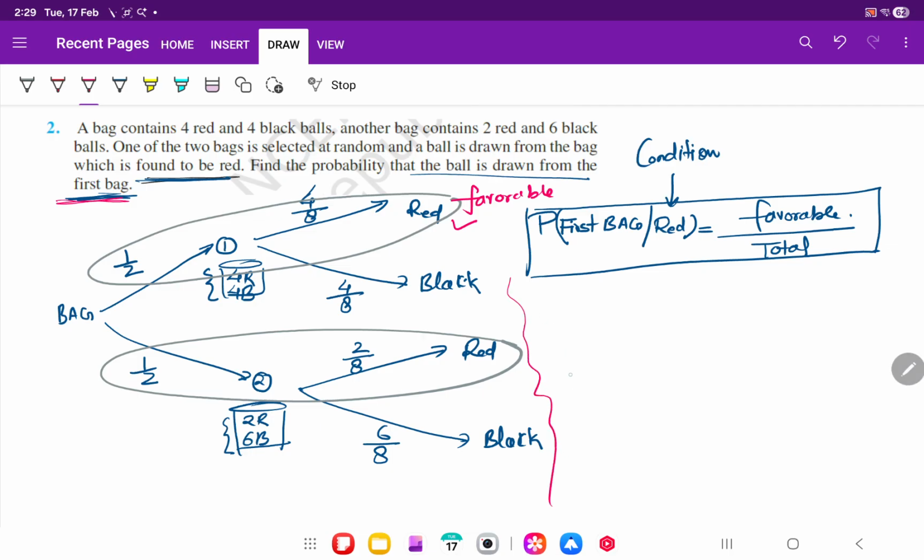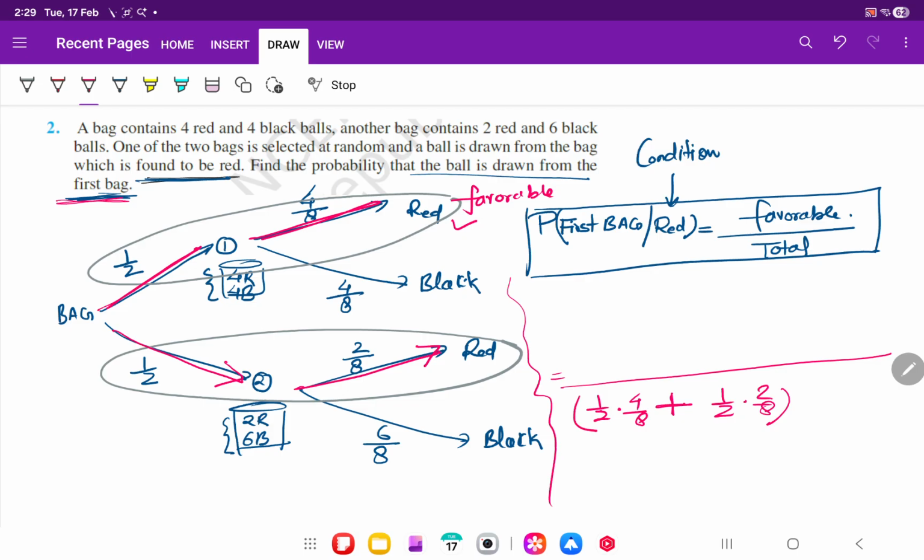So let me solve it here. What are the total possibilities? Pulled from first bag and red: 1 by 2, 4 by 8. Or means plus. Pulled from second and red: 1 by 2, 2 by 8. Favorable is the first one, which is 1 by 2, 4 by 8.